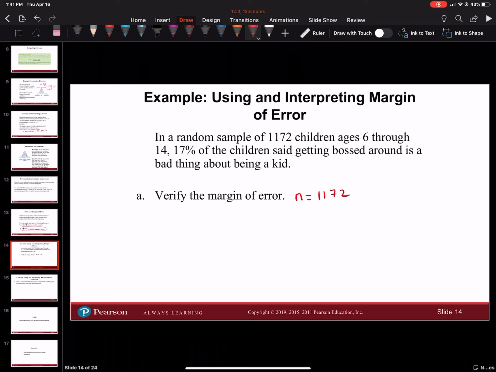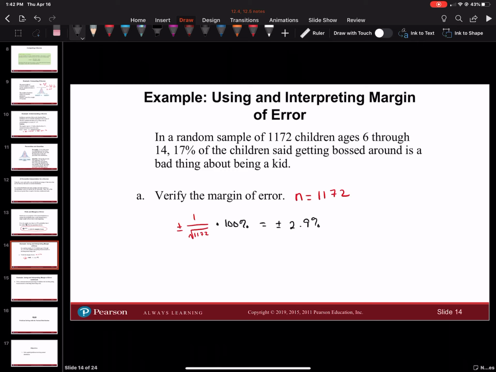So we basically got plus or minus 1 over the square root of 1,172, and then we have to multiply this by 100%. And this equals roughly plus or minus 2.9%. So give or take 2.9%.